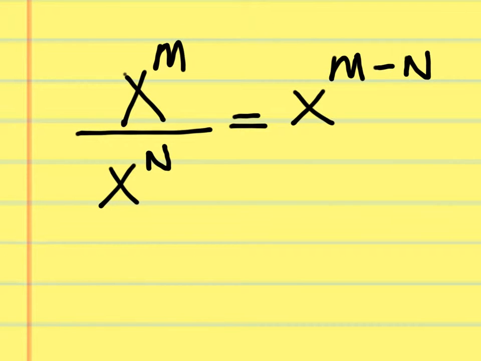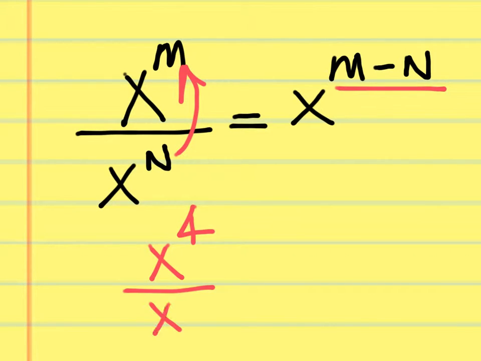When you're dividing like terms, such as x to the m over x to the n, no matter what the numbers are, no matter what the exponents are, it's going to be x to the m minus n. You subtract the bottom one from the top. So for example, if I had x to the 4th over x to the 3rd, 4 minus 3 would be x to the negative 1.